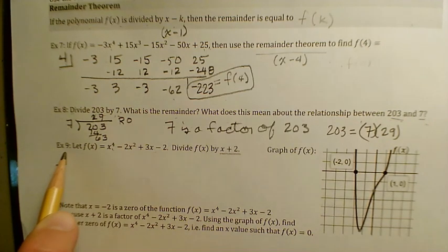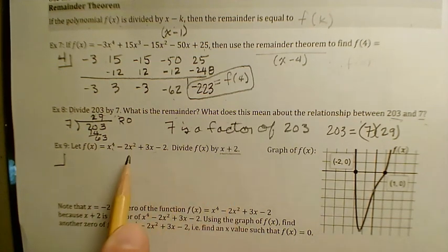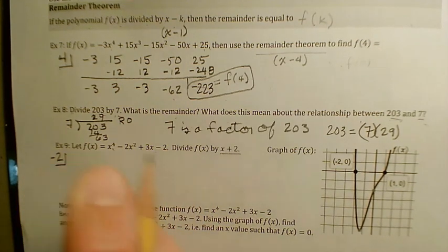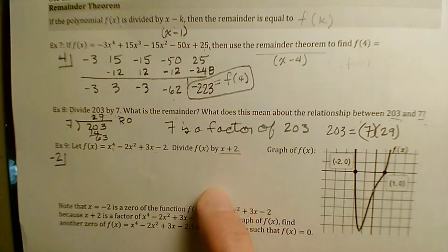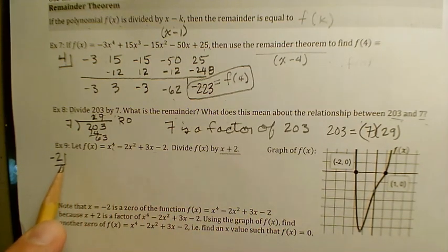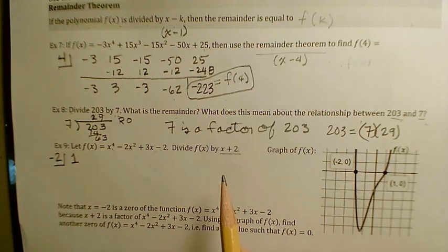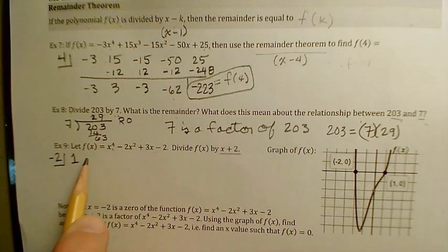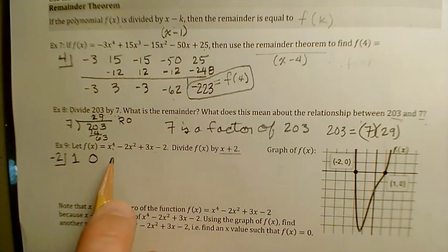Using synthetic division, what goes in the box when we divide these? All right, in this case, negative 2, the opposite of this value in here. Next to that is going to be a 1. We have a missing term, right? There's no cubic, so make sure you put a 0 in for the x cubed.